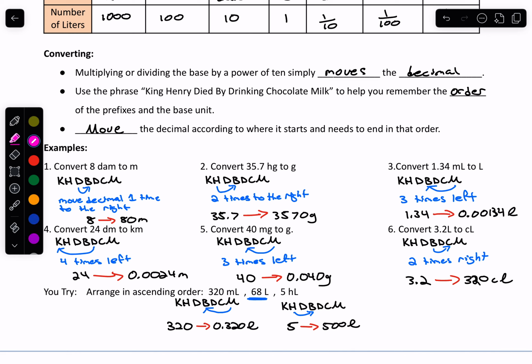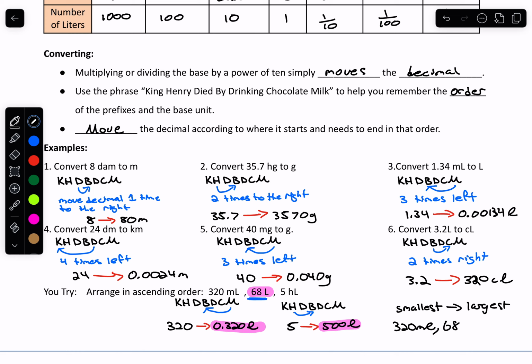Okay, so now what I'm comparing is these ones that have the same unit of measure. So if I were to write those in order, I would say that the smallest one was the milliliters we started with. So from smallest to largest, we're going to have 320 milliliters was the smallest because it only equates to 0.32 liters.